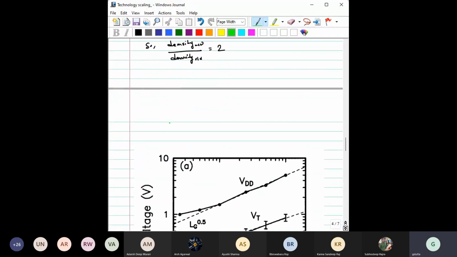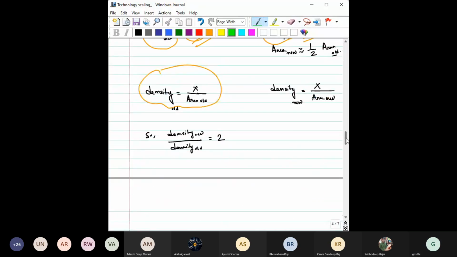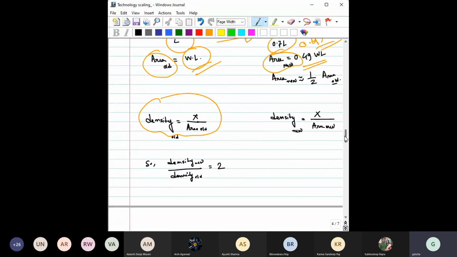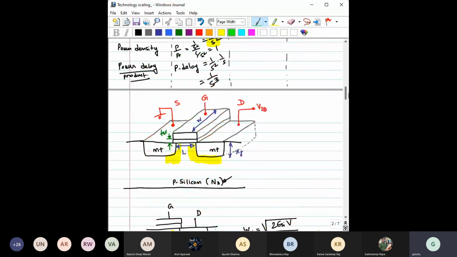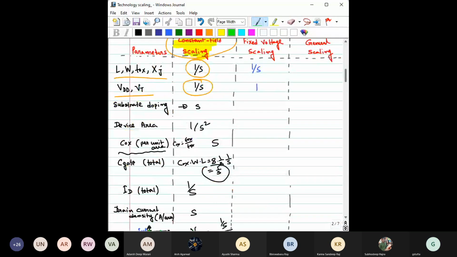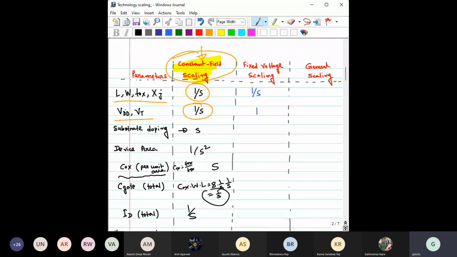Okay. Then we have understood this constant electric field scaling. Now the next one. One important thing is that we have discussed that VDD and VT we have to scale by 1 by S, right? But is it really possible? That means today you are working on, suppose, 3 volt. After 2 years, when you launch the new one, you have to make it 3 by S, whatever the scaling factor is.